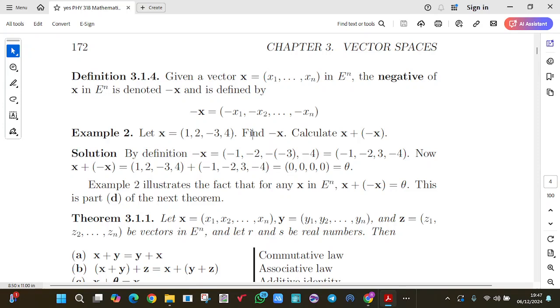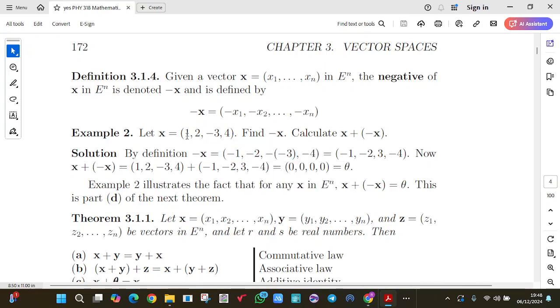Okay. So if I say x plus minus x, and then I say calculate this operation, it means take the vector given and add to its mirror. What are you going to get? Anything added to its mirror will give you zero, the zero vector. By definition, I've given you x to be this, then we're going to get minus x to be that.